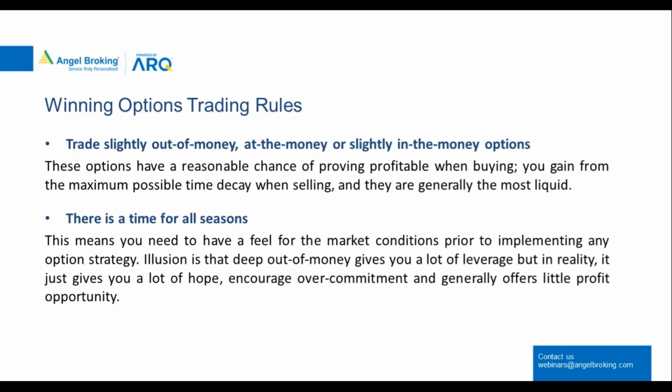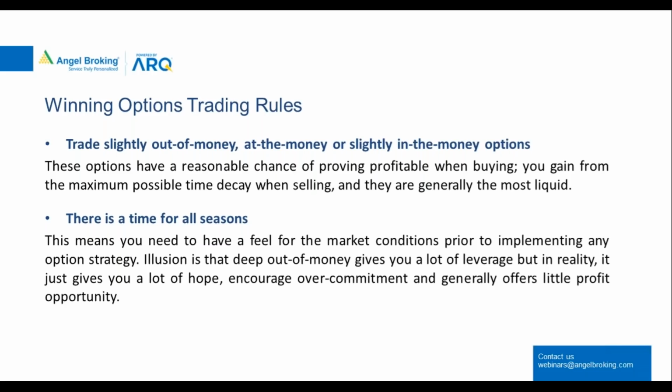Because when you're buying slightly out of the money options, you are paying less premium as compared to buying deep in the money options. At the same time, when you are buying options, as I said, if the option doesn't move in your favor, there is something called time decay. So the option premium will be decreasing.